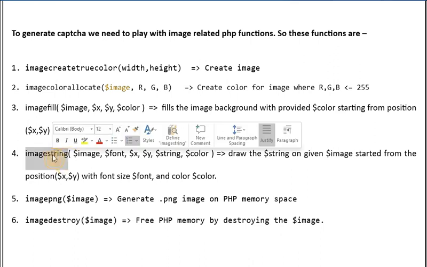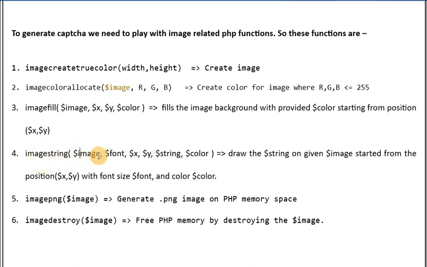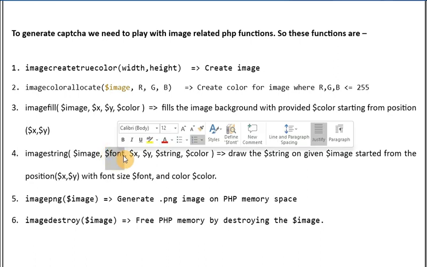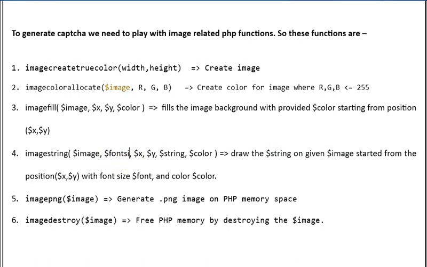So we can use imagestring. First we have to specify the image, and the second is the font size. It is not a font, it is actually a font size. The next x and y is the position from which we have to start writing this string. And this is the color, meaning what will be the color for that string, the foreground color, so we have to specify that here.